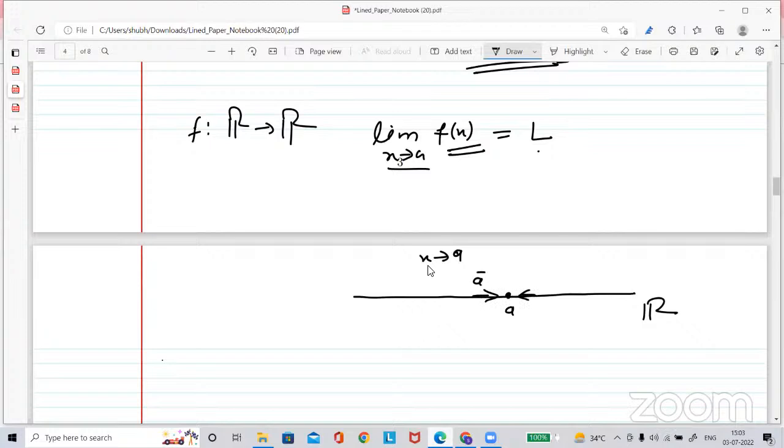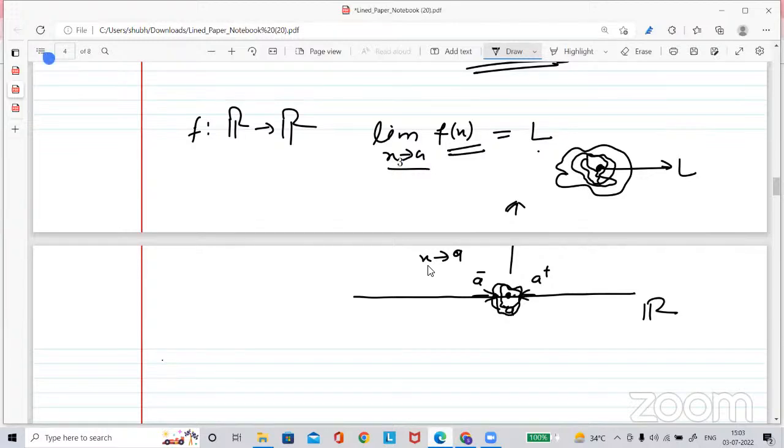This side is called the negative side or left hand side, and this is the positive side, approaching a from the right hand side. Whatever output we get, the function values wander around this point L. That is the meaning of limit.